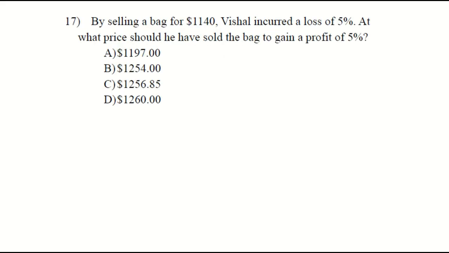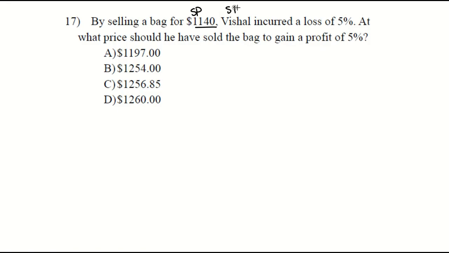By selling a bag for 1,140, we shall incur a loss of 5% at the price which he should have sold the bag. At what price should he have sold the bag to gain a profit of 5%? So this here is your selling price, right?